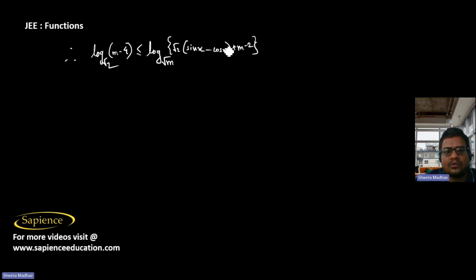So root 2 into root 2 is 2, so 2 and 2 will get cancelled. So it will go till log m base root m. Now this value is 2 actually.